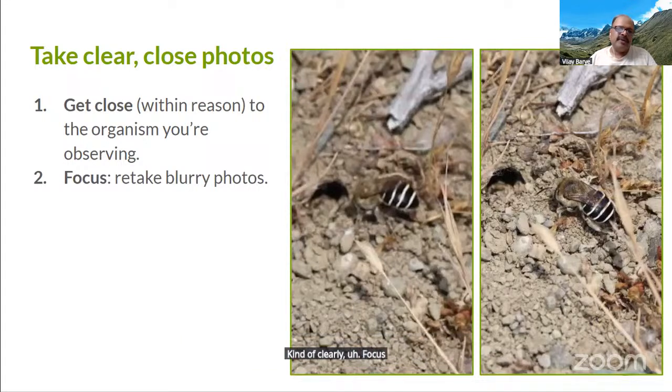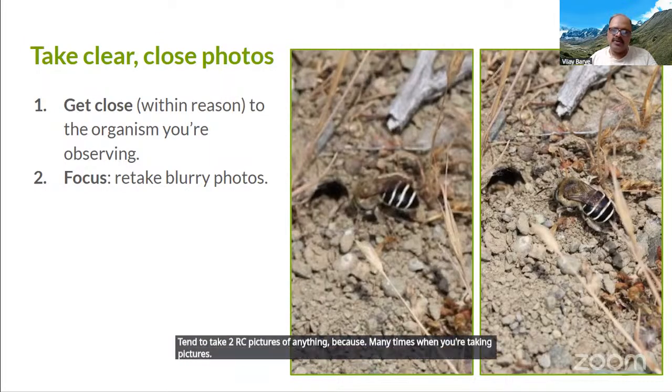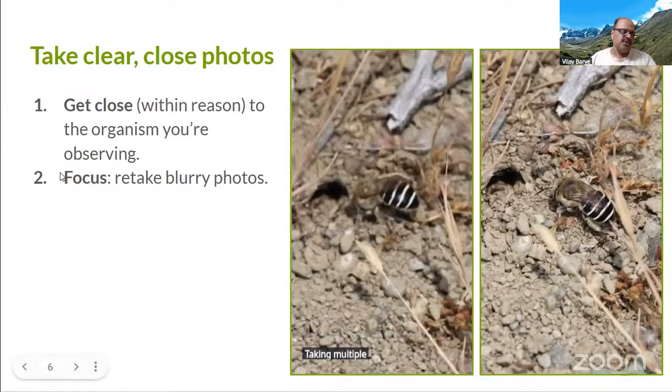If the picture is blurry, take more pictures. I always tend to take 2 or 3 pictures of anything, because many times when you are taking a picture, you do not realize how good or bad those are. So taking multiple pictures is helpful, and then use only those that you feel are useful.